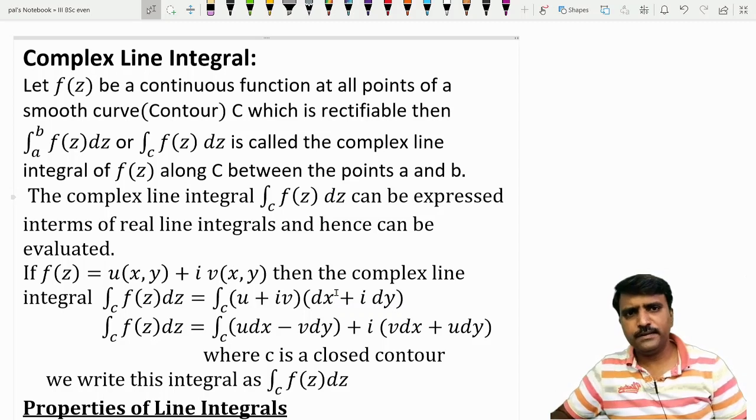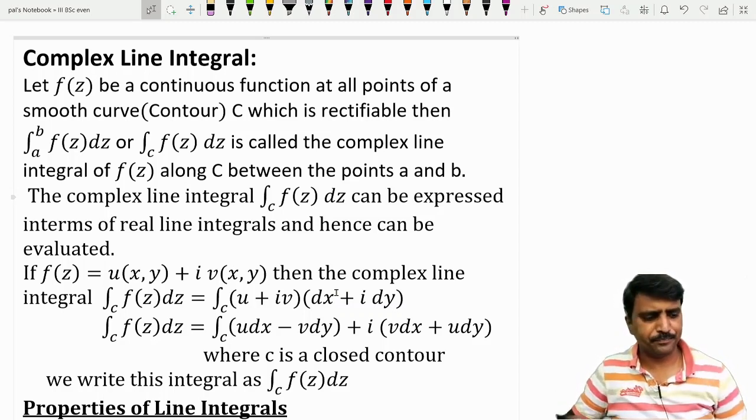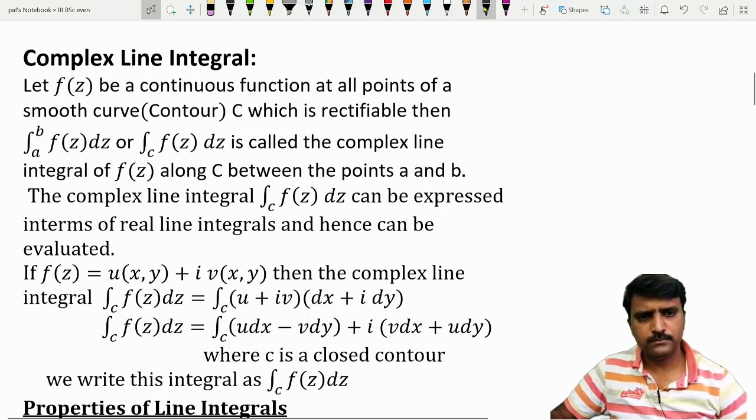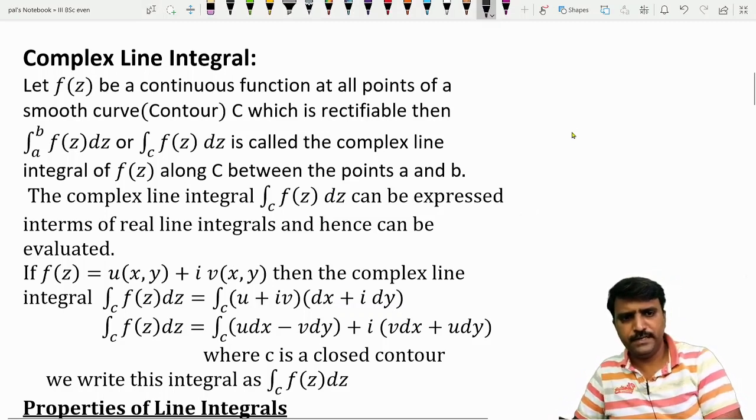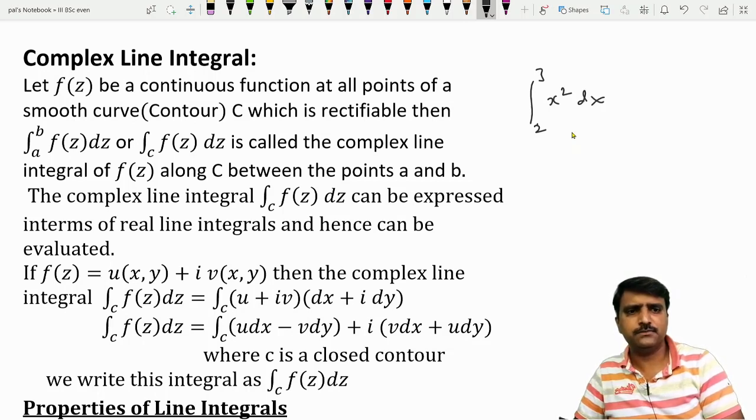In the case of real integration, suppose you take the integration from 2 to 3 of x square dx. Here we integrate x square from the point 2 to 3.